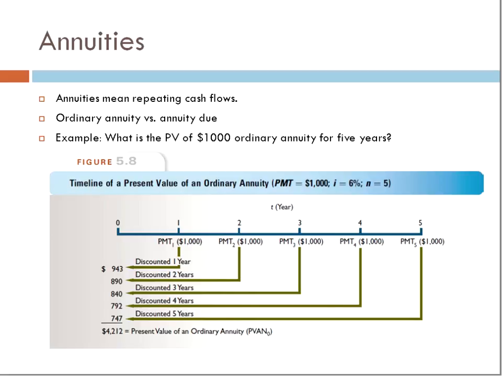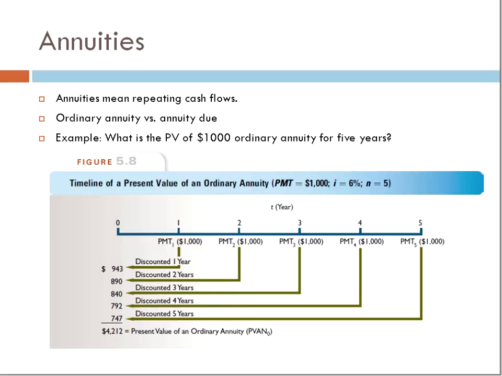There's an example here. It says, what is the present value of a $1,000 ordinary annuity for 5 years? So in other words, if you're going to be receiving $1,000 every year for the next 5 years, how much is that worth today?